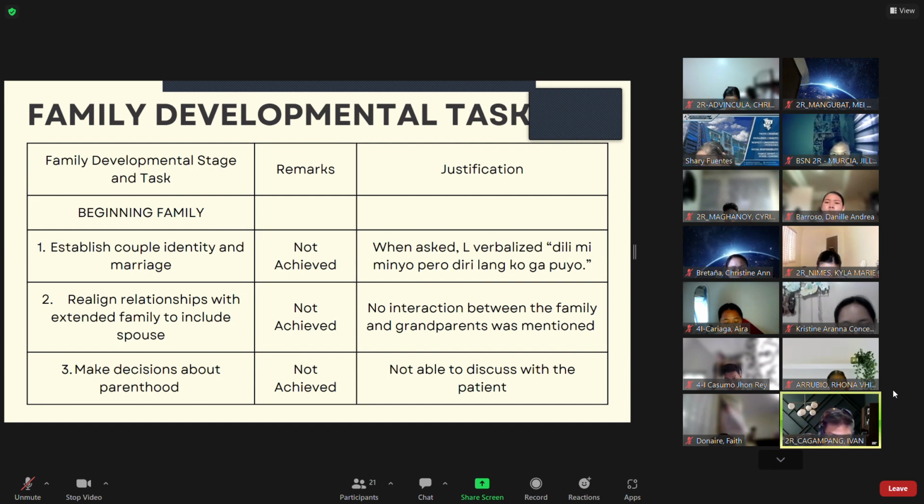So, not achieved siya, ma'am. The family and the grandparents was mentioned, na verbalize ko to sa patient, ma'am. At first, dili boto ang parents sa babae ni sir.